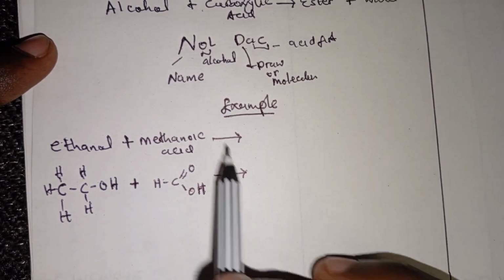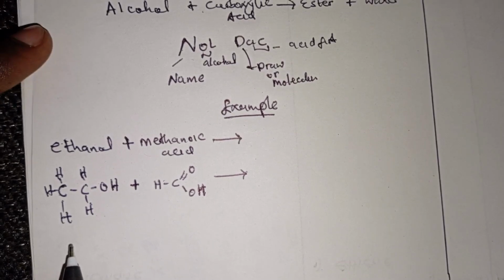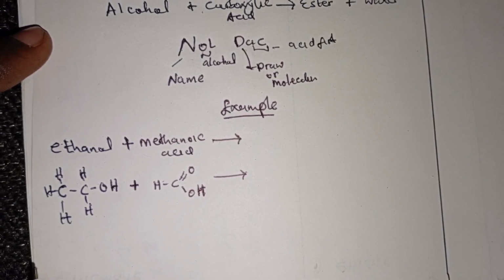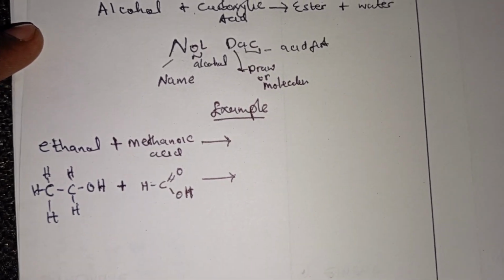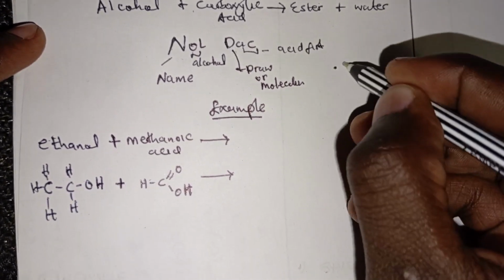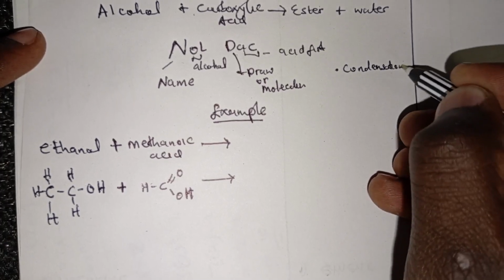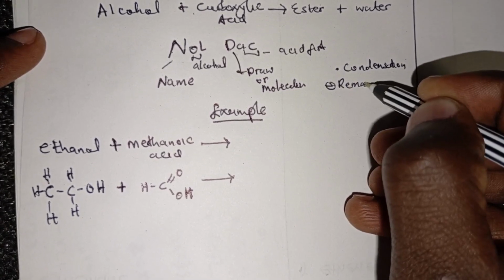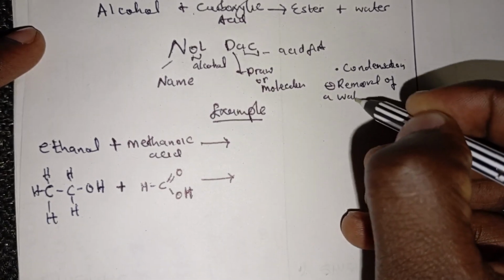So how this esterification occurs: this is called a condensation reaction, where a water molecule is simply given out. And that water molecule always comes from the acid. So it's a condensation reaction, the removal of a water molecule.